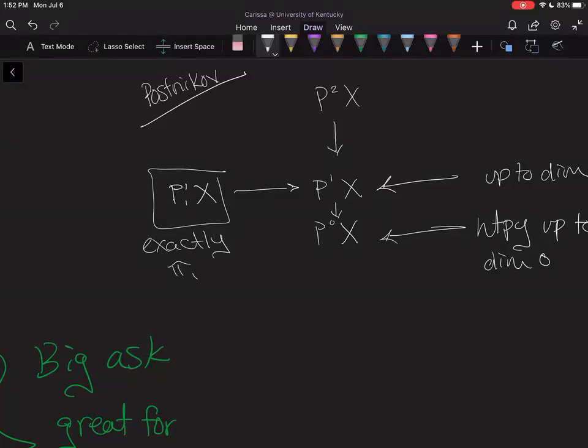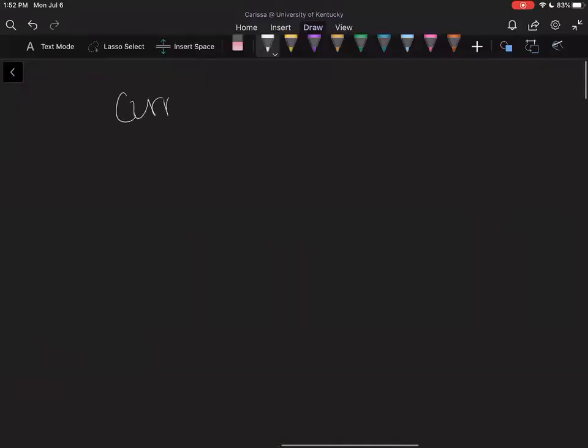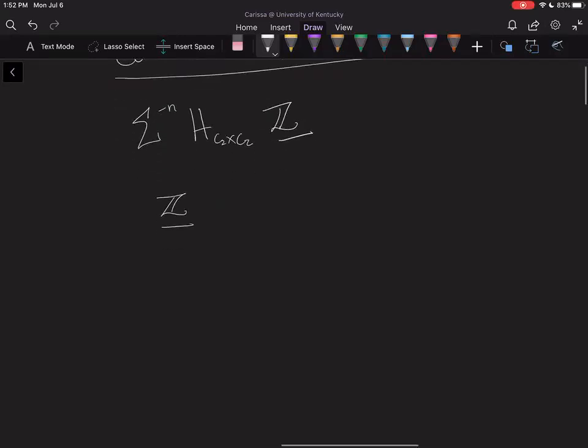What I'm focusing on now, though, is towers over C4, or C2 times C2. So I want to know things about negative n suspensions of the Eilenberg-MacLane spectrum HZ.